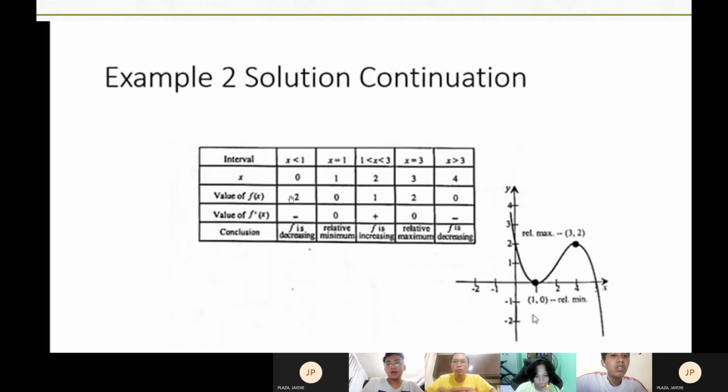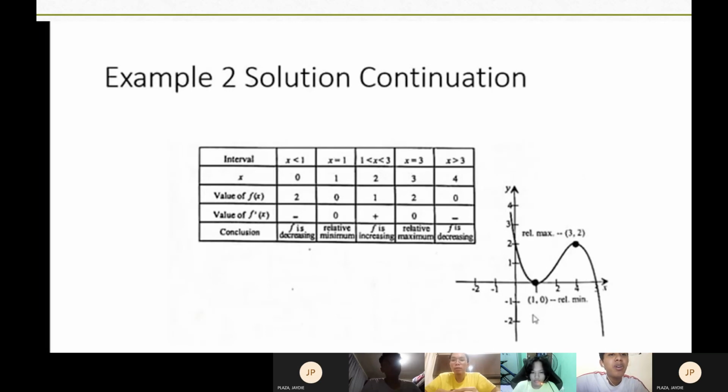Next is, dito, 0 yung sagot, kaya hindi natin ma-determine kung increasing or decreasing. 0 yung relative minimum kasi yun yung lumabas nung sinubstitute natin yung 1.